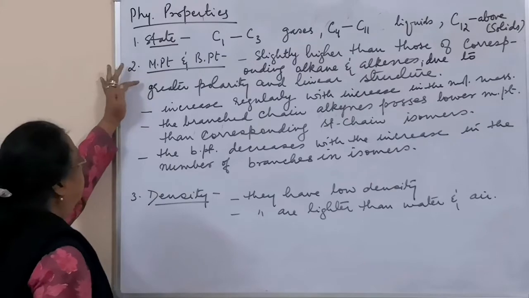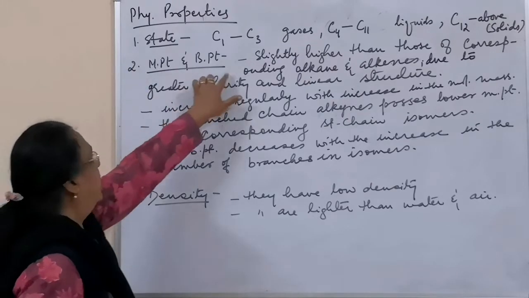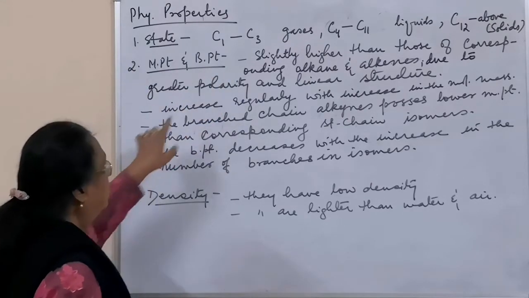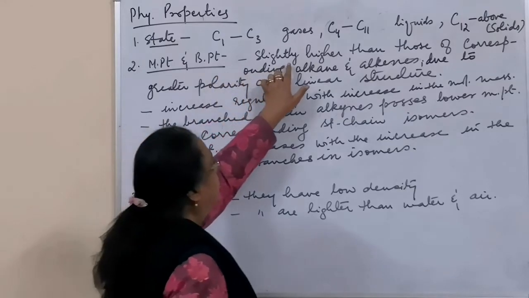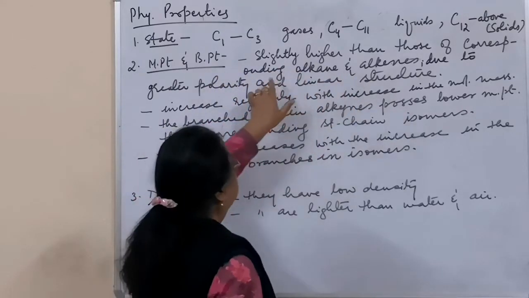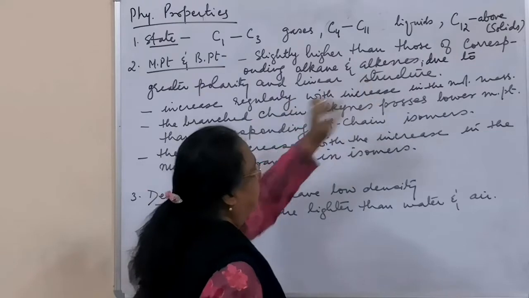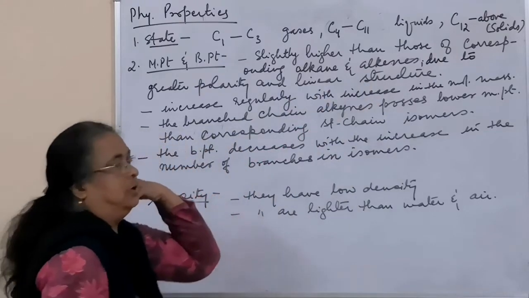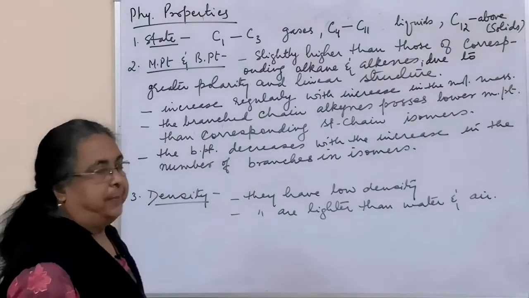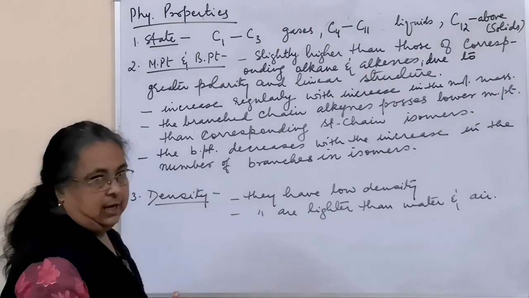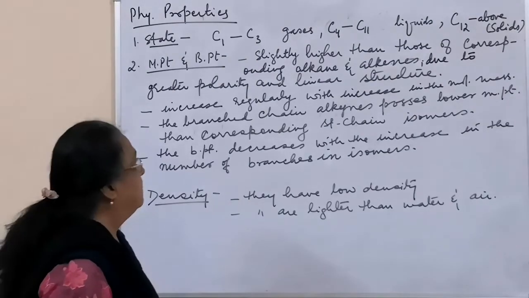Melting point and boiling point: you have to do these four points. First, they are slightly higher than those of the corresponding alkanes and alkenes. You can compare ethane and ethyne.